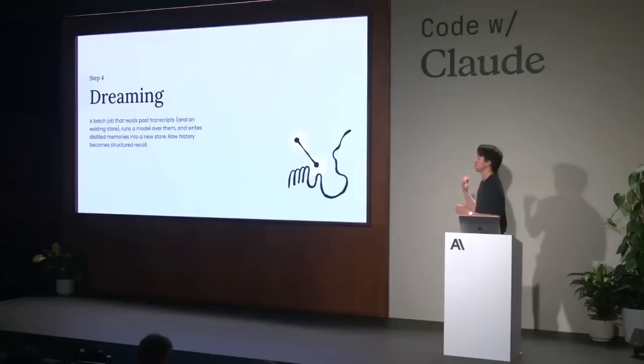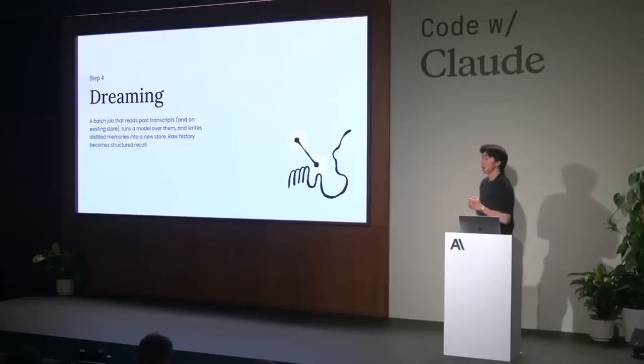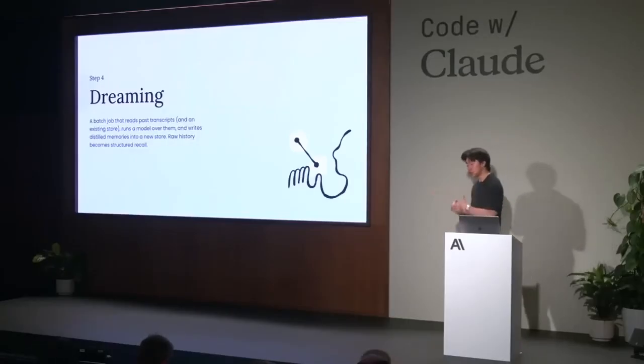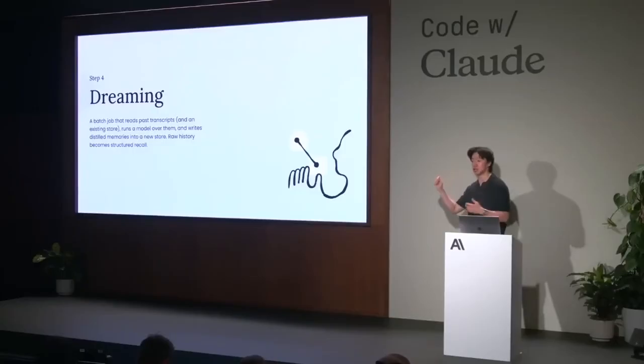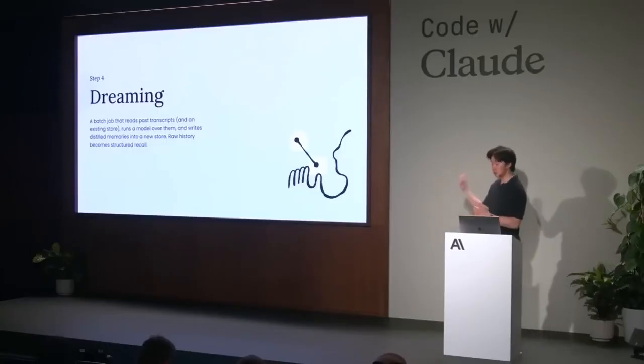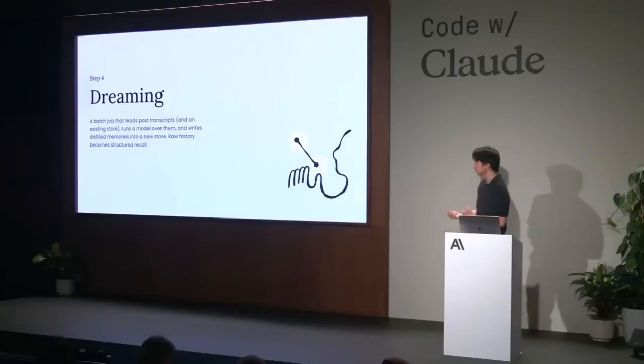It'll look through each one, do fact checking, enriching with additional details, maybe dates, specific identifiers, and then it will also organize those memory files and see if there's any duplicates, anything that can help fix, and it'll produce an output memory store such that in the future, when you attach that output to additional sessions, it will hopefully increase efficiency of information retrieval. It also hopefully increases the intelligence of the agent.